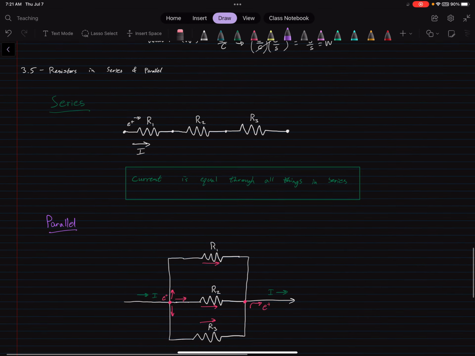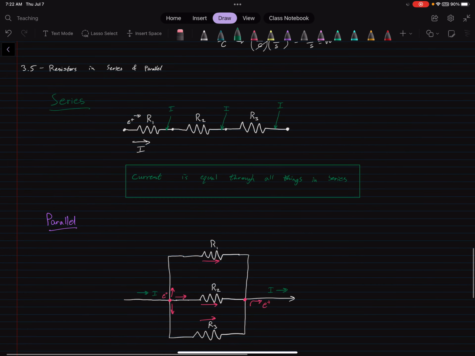Okay. So what that means, to just really flesh this out, is that whatever the current is here, it equals the current here. Doesn't matter that it's already gone through something. It doesn't slow down or speed up. The current is the same. The way to think about this with a pipe, in our water analogy, is anything that is in series is the same pipe.